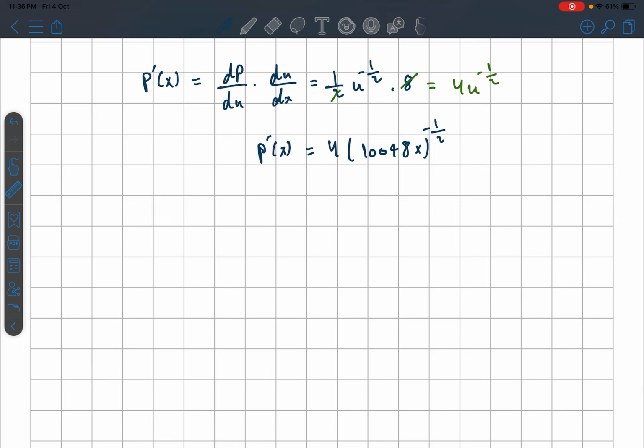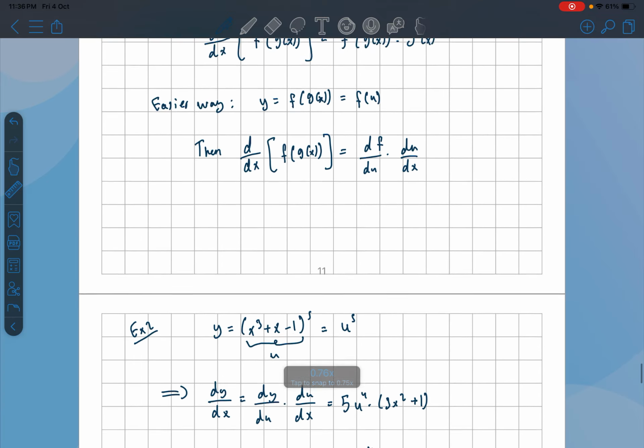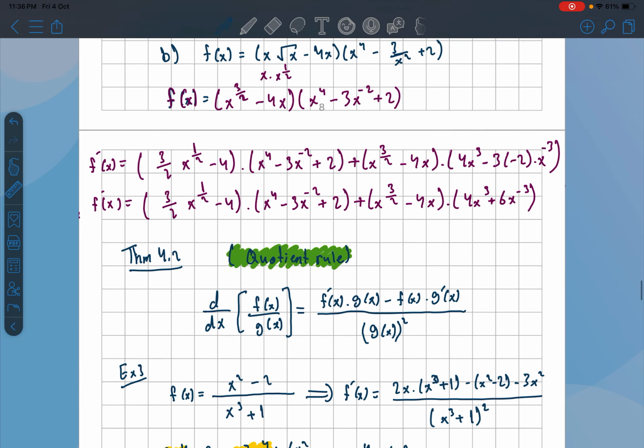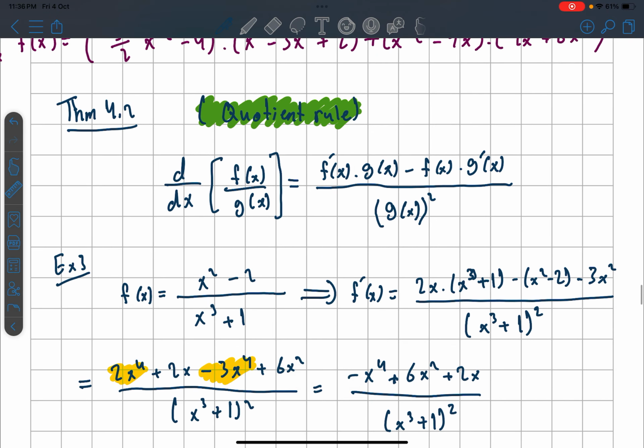Another example 4, g(x) equal 8x over (x cubed plus 1) squared. So here, in section 2.4 we took the quotient rule.